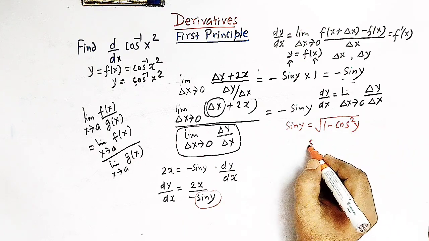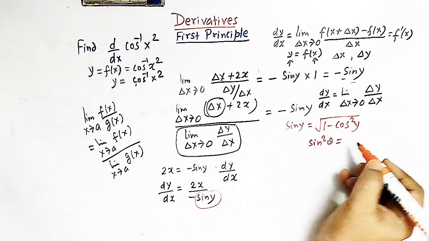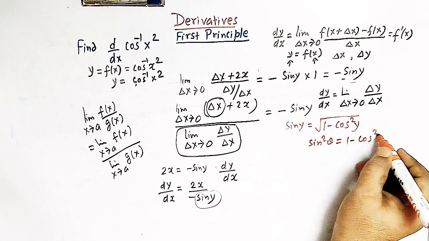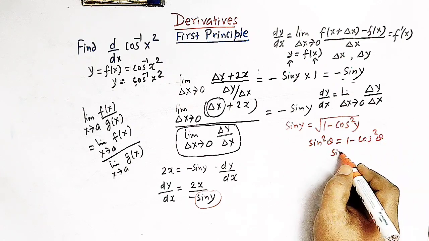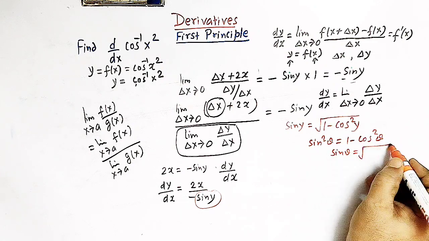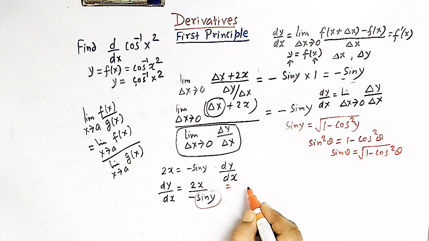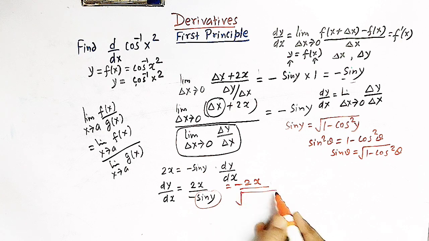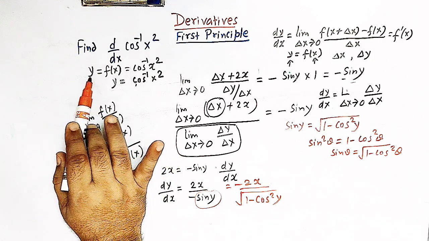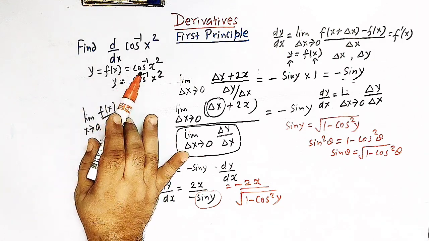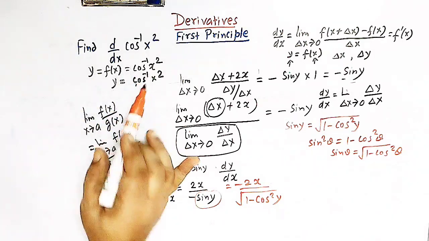Because we know that sine square theta is equal to 1 minus cos square theta, and sine theta is equal to square root of 1 minus cos square theta. So now we have 2x, here we have the negative sign, and here we have square root of 1 minus cos square y, right? Now see, initially we have assumed that y is equal to cos inverse x square.